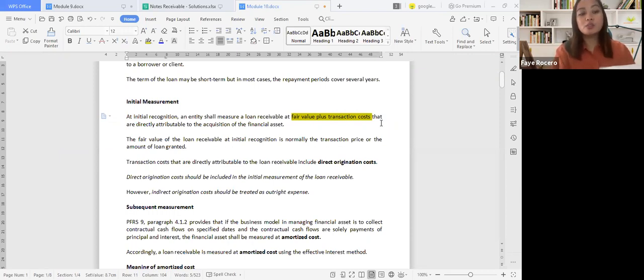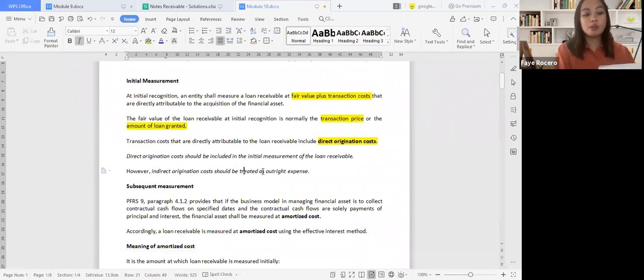When we say fair value of the loan receivable, usually it is the transaction price or the amount of loan that you granted, right? And then transaction costs directly attributable to the acquisition of the financial asset. Included here are the direct origination costs. So it should be included in the total value of the loan receivable.